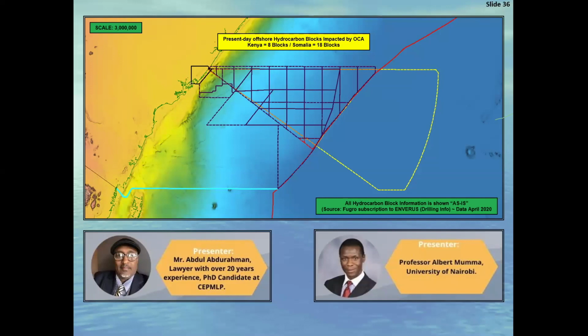But also, if one looks at the claim by Somalia, particularly if you stretch that equidistant line further down, it actually ends up overlapping with Tanzania, which then means that Kenya would be facing the prospect of being sea-locked between Somalia and Tanzania. That is not a prospect that any country can view without considerable alarm.